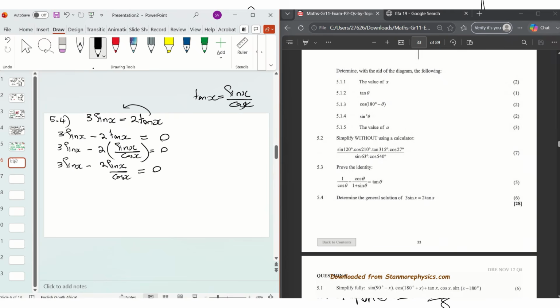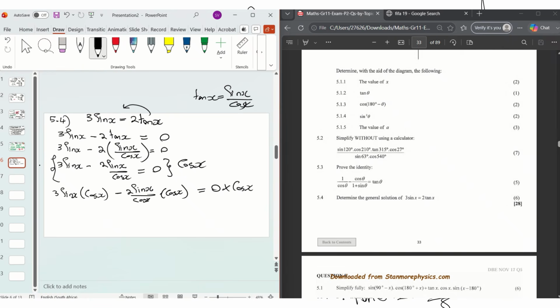And then we have cos here, so we need to remove cos. What do we do to remove cos? We multiply everything by cos x. So 3 sine x multiplied by cos x minus 2 sine x over cos x multiplied by cos x is equals to 0 multiplied by cos x.